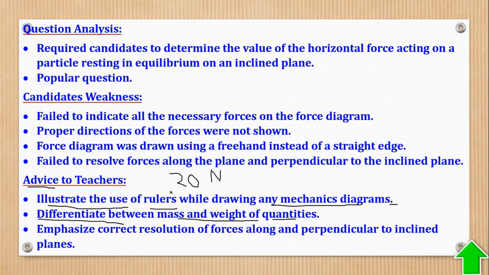If this was 20 kilograms, it would be mass. But what most students did, they got this 20 and they added on a g, which is not okay. Then teachers should emphasize correct resolution of forces perpendicular to the inclined plane. So resolving, you must understand, you must master it.